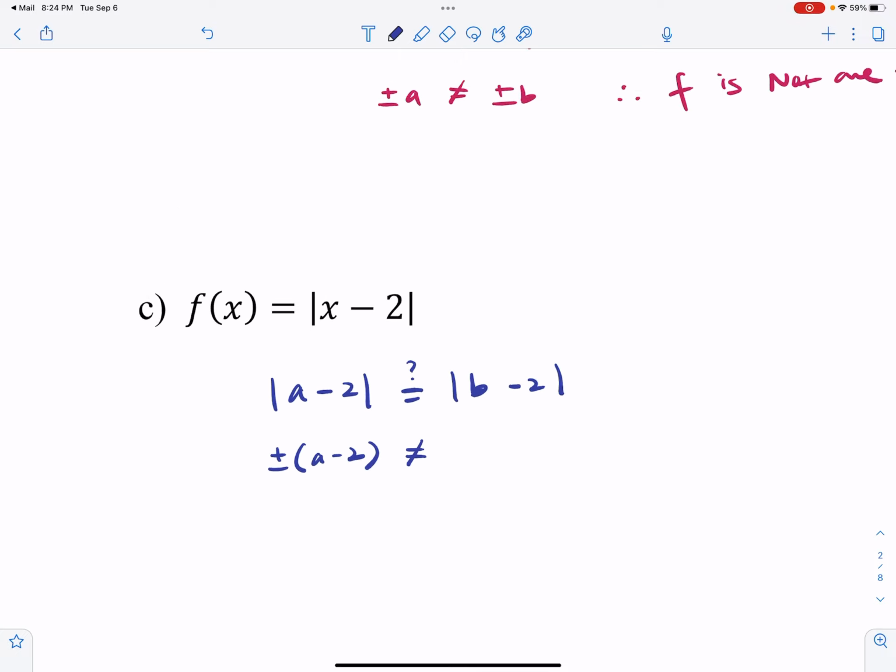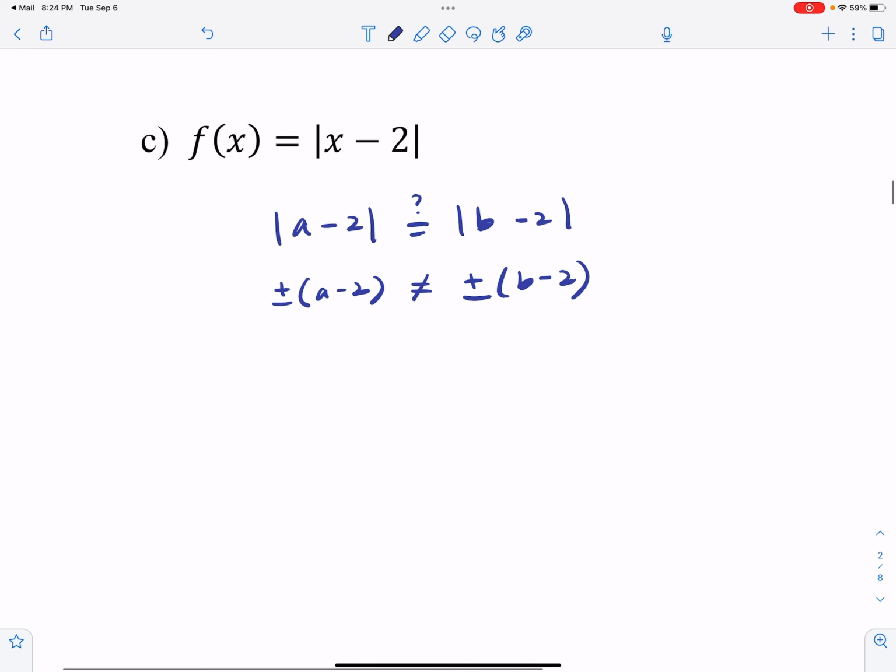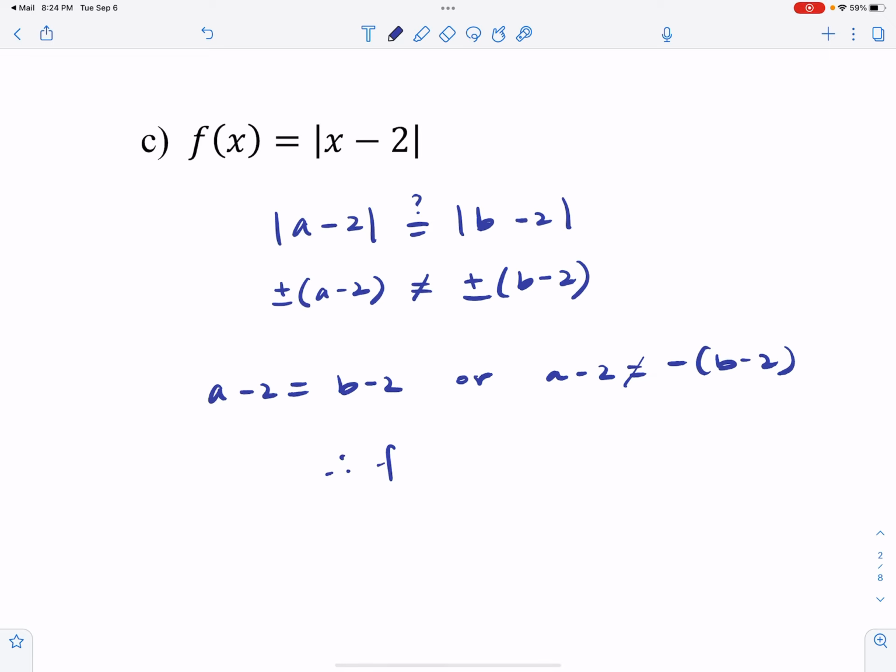And the same thing happens with b minus 2, that quantity could be positive or negative, right? So you could end up with, let's say, a minus 2 equals positive b minus 2, or you could end up with a minus 2 equals negative b minus 2, where those wouldn't be equal to each other. So therefore, f is not one-to-one.